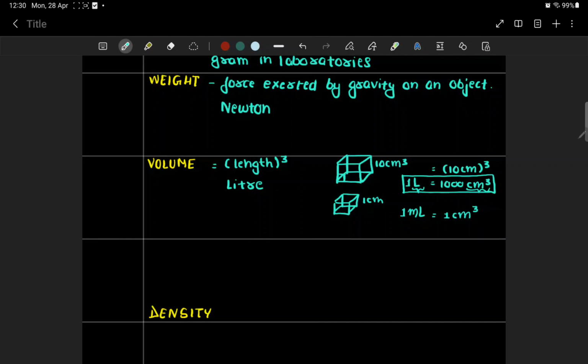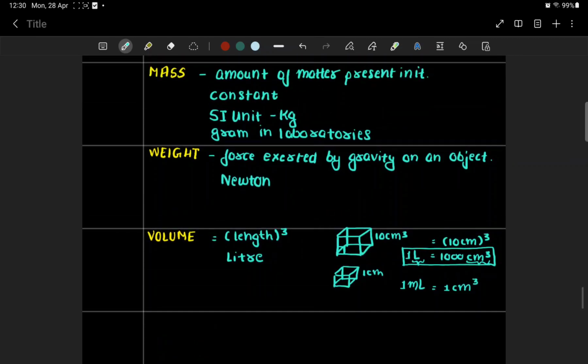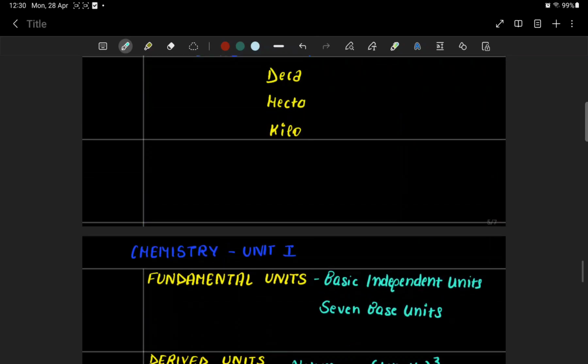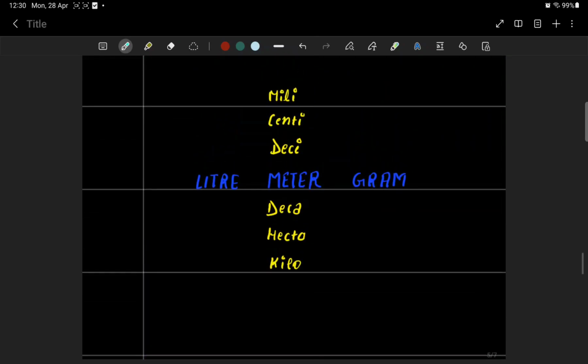When we perform unit conversion, it is done between units that have a relation between them. So I'll tell you a trick. These milli, centi, deci are prefixes. Meter is the unit, right? So when you convert meter into decimeter, you multiply it by 10.